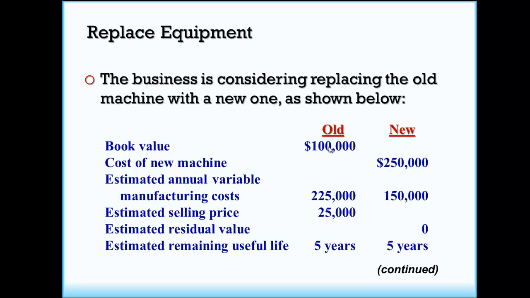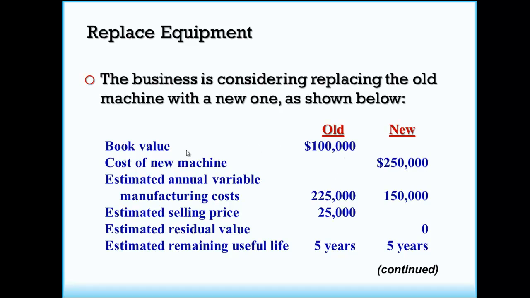So remember, our book value is the cost minus accumulated depreciation, or this is the undepreciated cost. But once again, remember the book value, we've already purchased it. Despite how we decide to depreciate it, we've already committed our resources to this. Okay, so the book value is going to be a sunk cost.